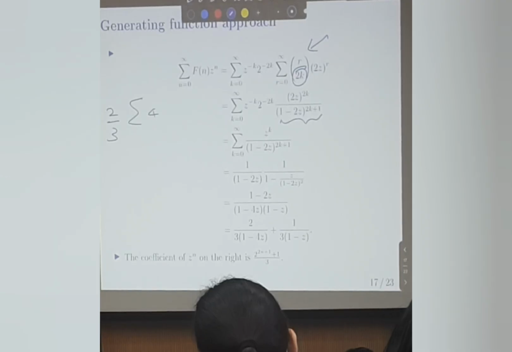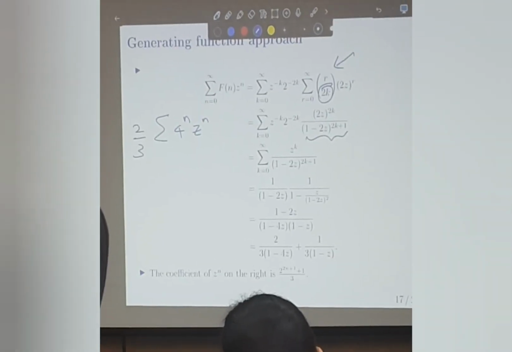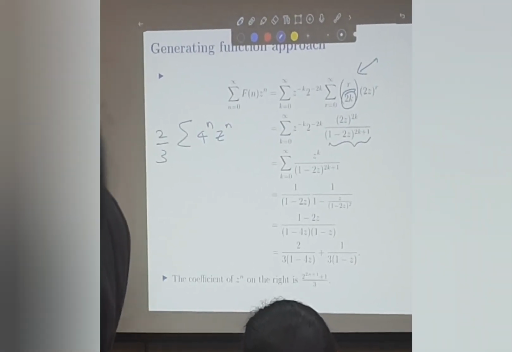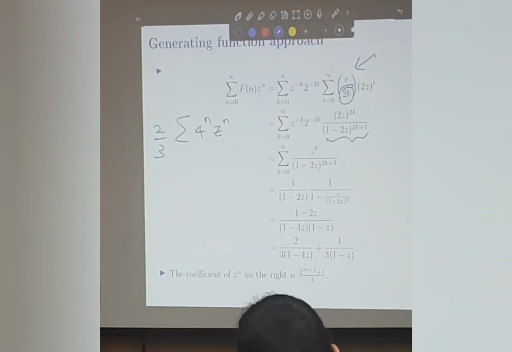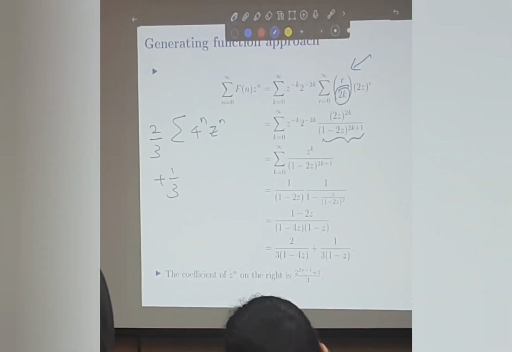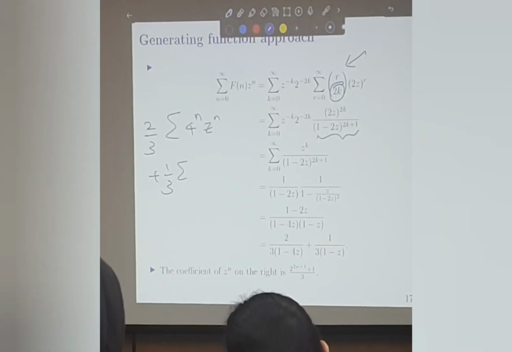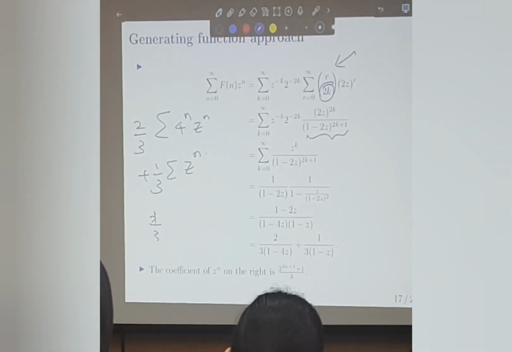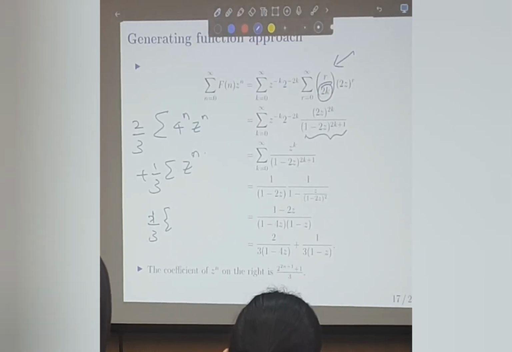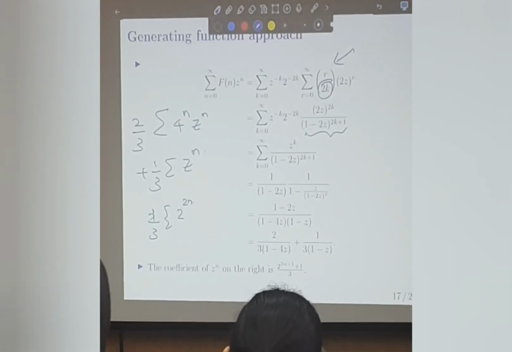Summation 4 to the n, z to the n. From there, it's going to be plus 1 by 3, summation z to the n. So the coefficient is 1 by 3. This 4 to the n is 2 to the 2n. So it's going to be 2 to the 2n plus 1, the whole by 3.